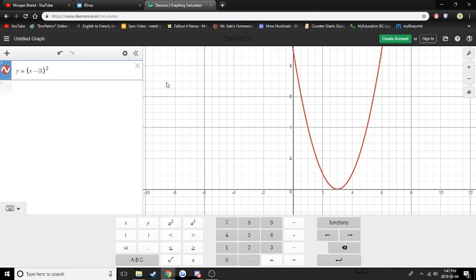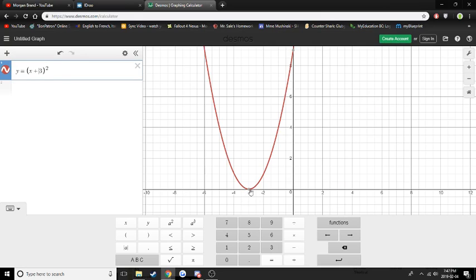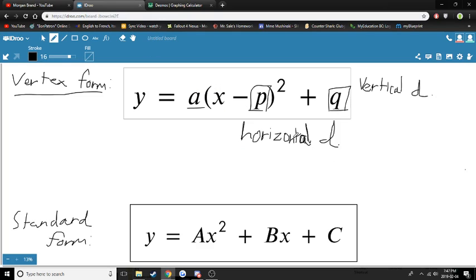Now if you do positive 3, so plus 3, it moves 3 in the negative direction. So it's always the opposite of what the sign shows. That's why in this notation we use a negative sign, not a positive sign.